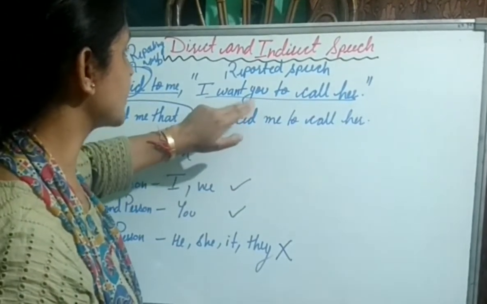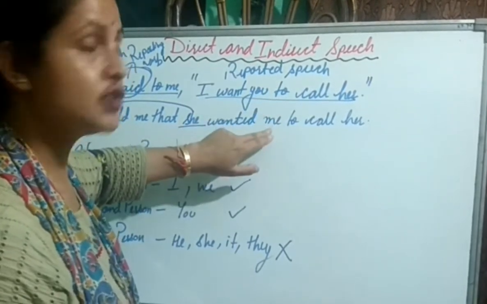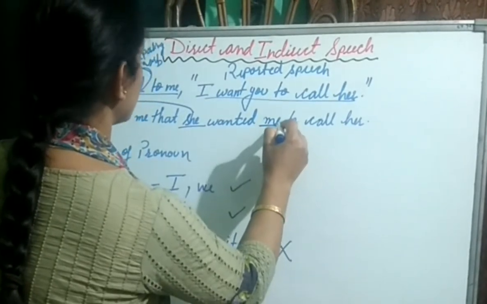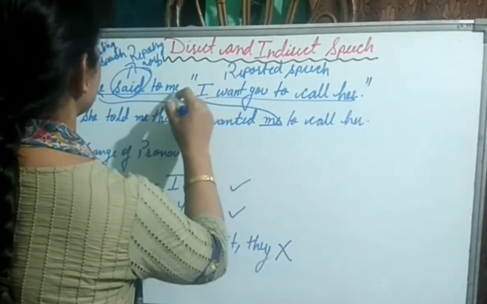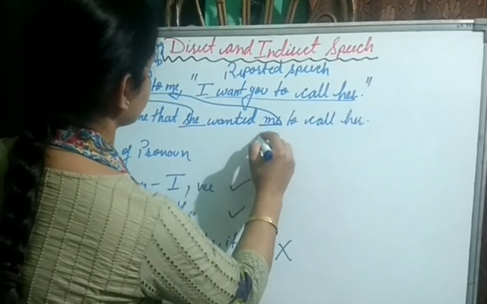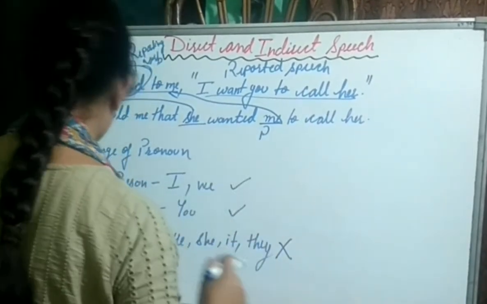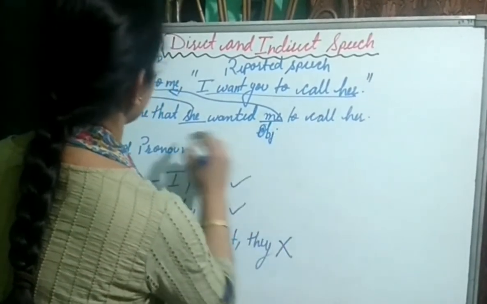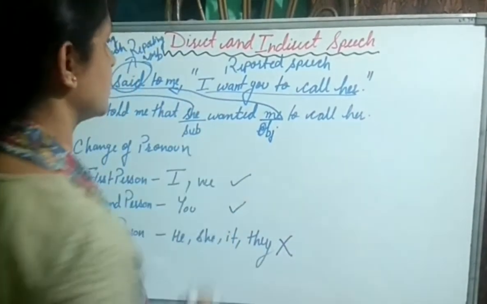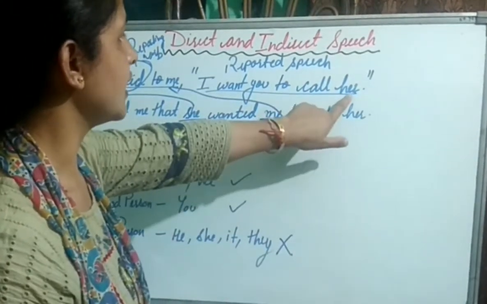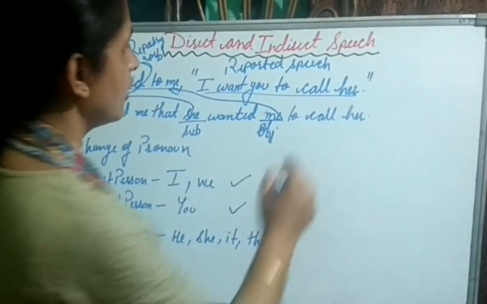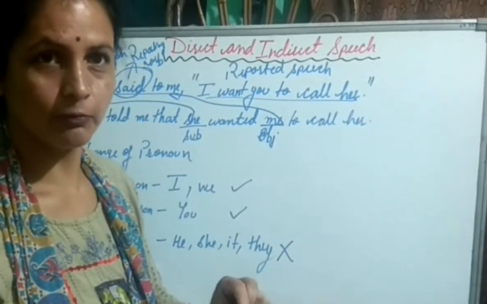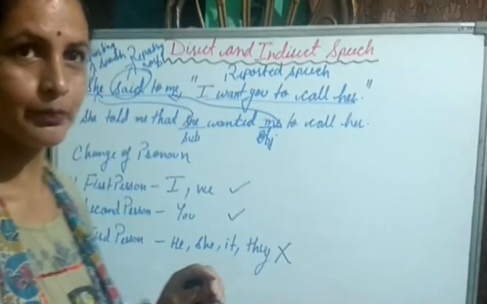Next, you we have changed into me, and this is the object of the reporting speech. This is the object and this is the subject. Now here next, this is third person. We have written it as it is. There is no change.